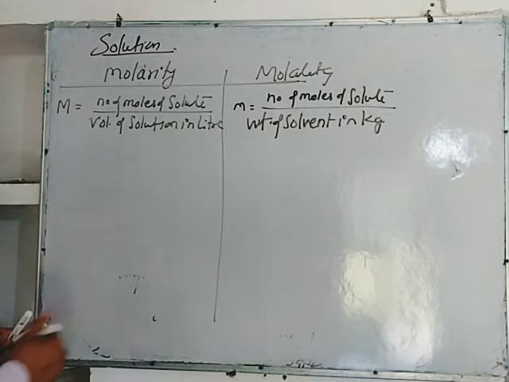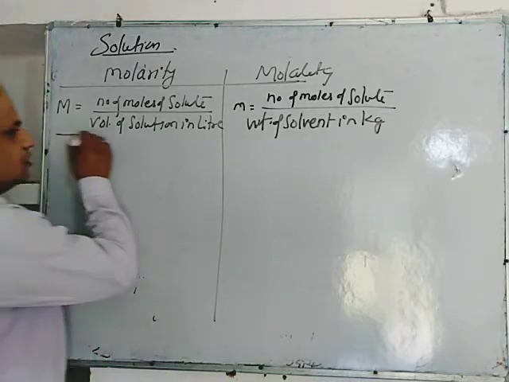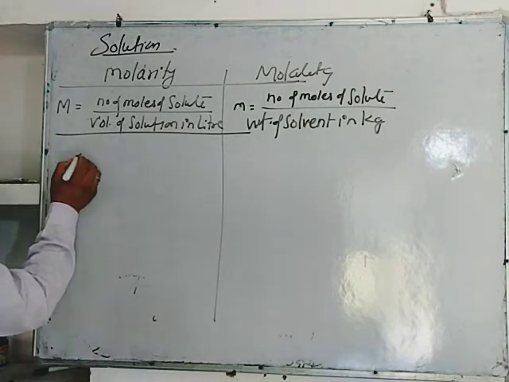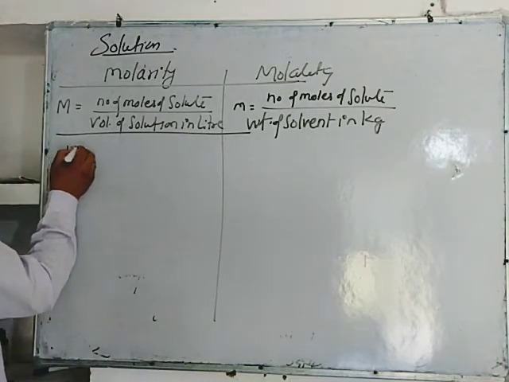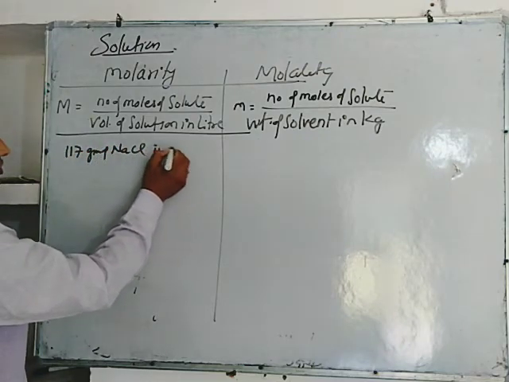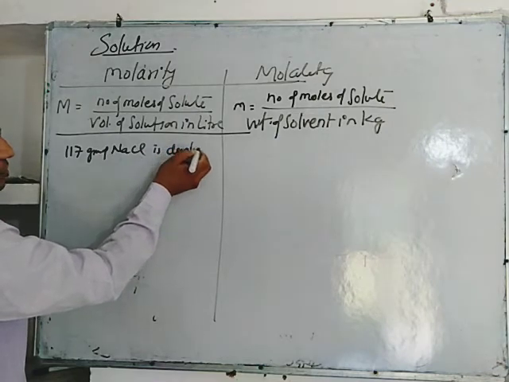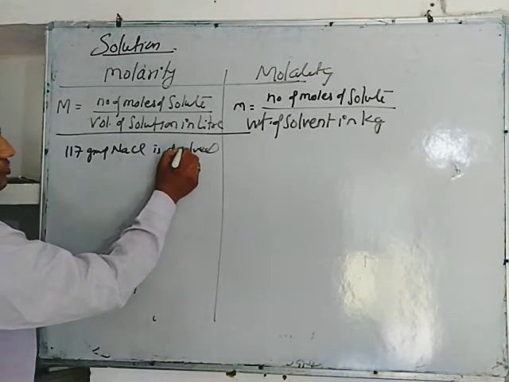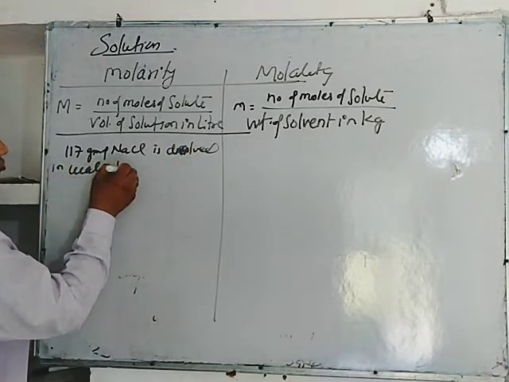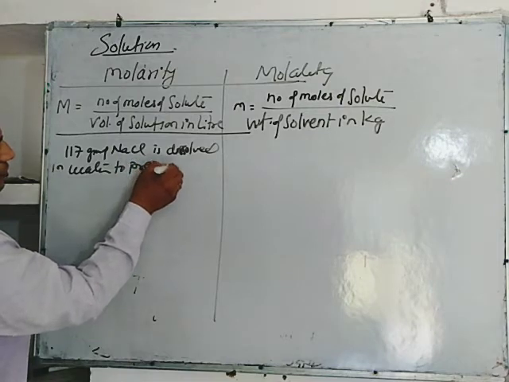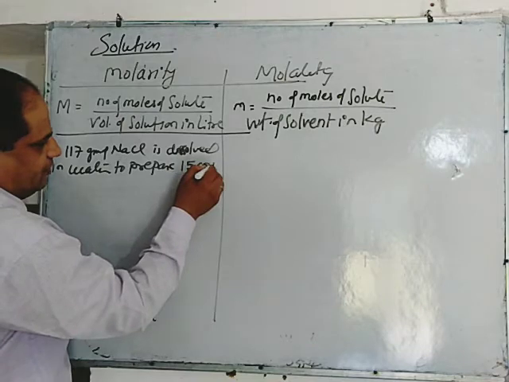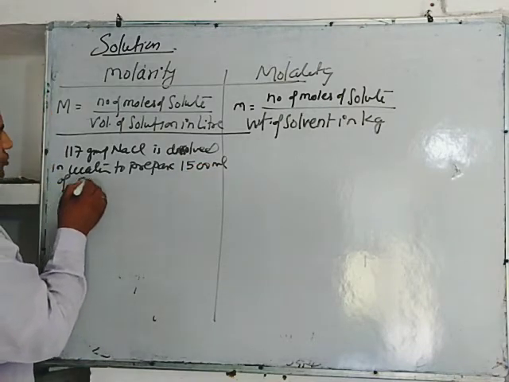Now solve the problem. Suppose 117 grams of NaCl is dissolved in water to prepare 1500 ml of solution.